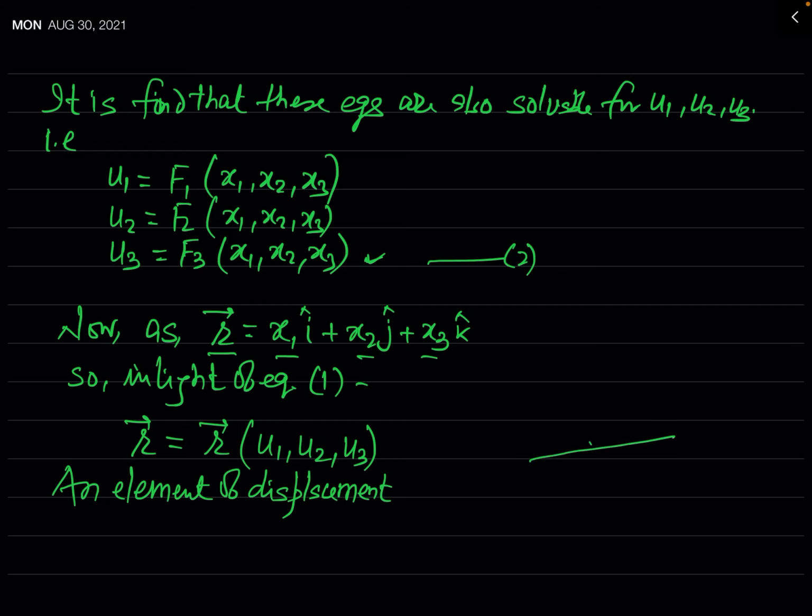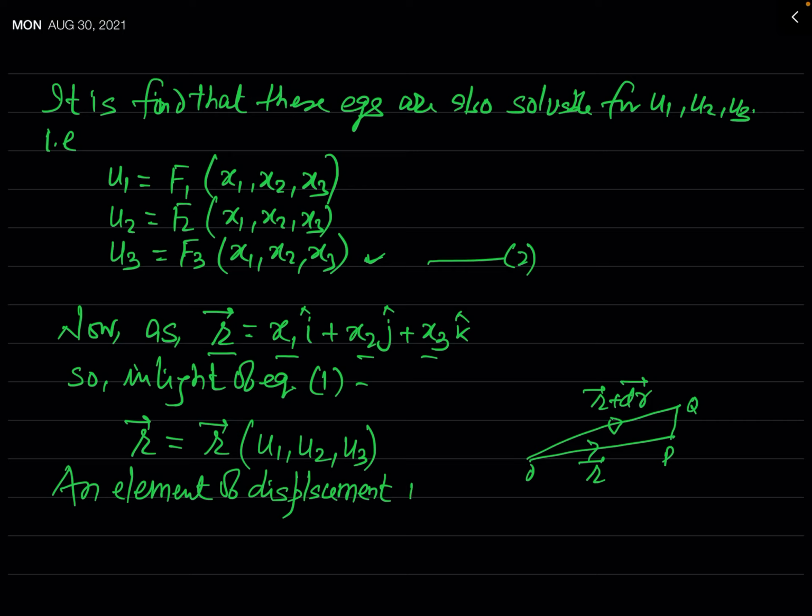You can see if this vector is r, then if this point P is slightly displaced to the point Q, then the position vector of Q will be r plus dr, and this dr is an infinitesimal change in r, which is known as elementary displacement or an element of displacement.